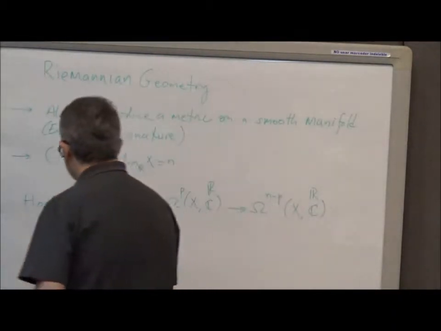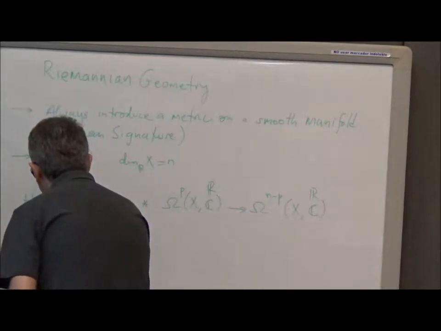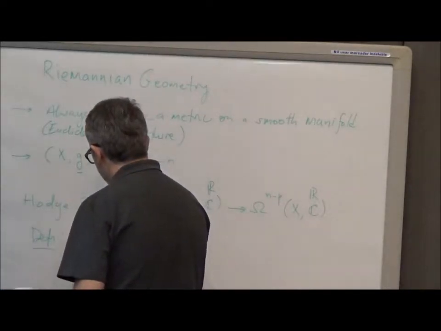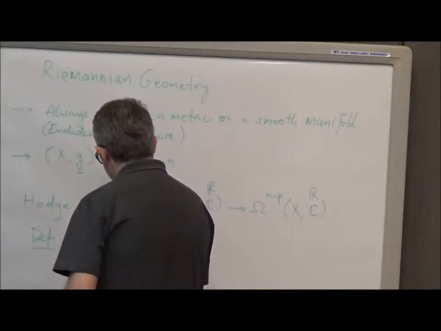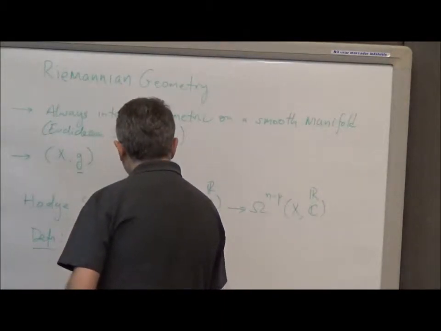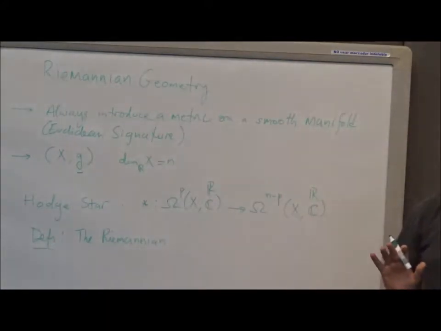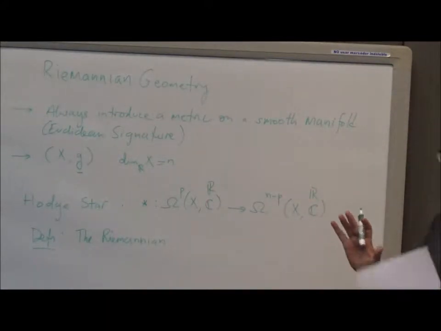The way we're going to define it is a bit obtuse. So definition, the Riemannian volume. For all of you who've done general relativity, you all know what I'm talking about more or less, right?